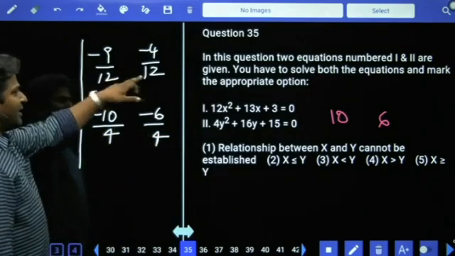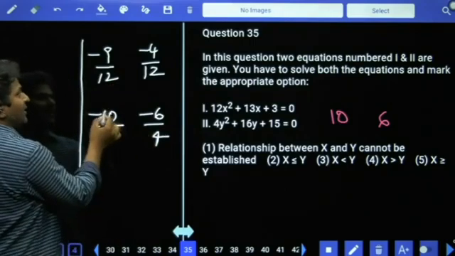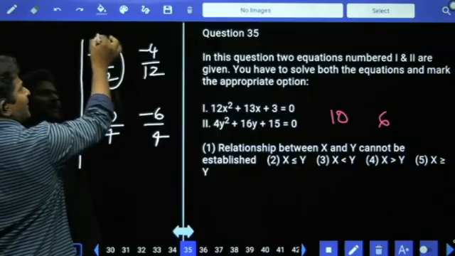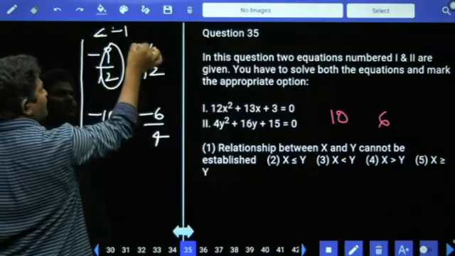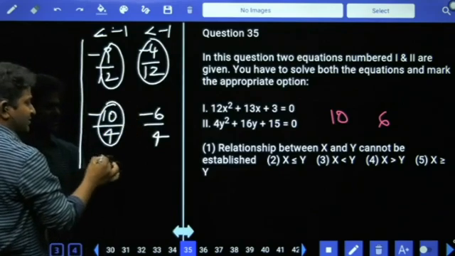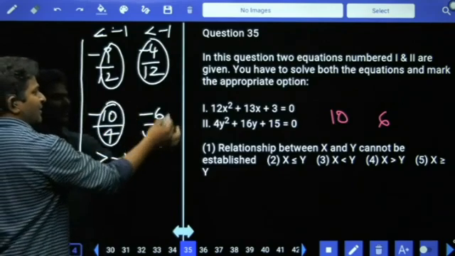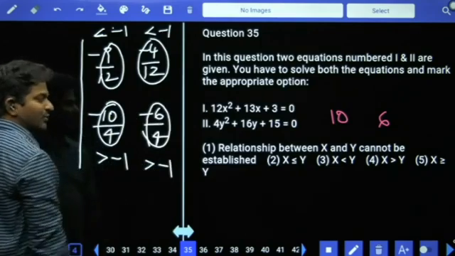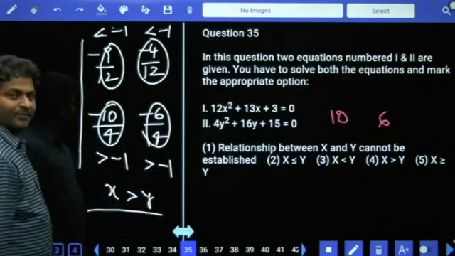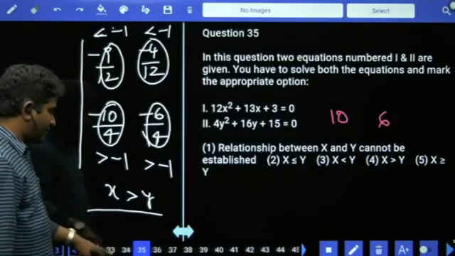And the previous denominators are 12. So here you don't have to go for conversion. This is less than minus 1. This is also less than minus 1. This is more than minus 1. This is also more than minus 1. Hence directly we can say x is greater than y. x greater than y, final answer.